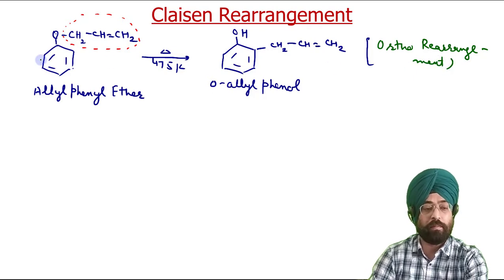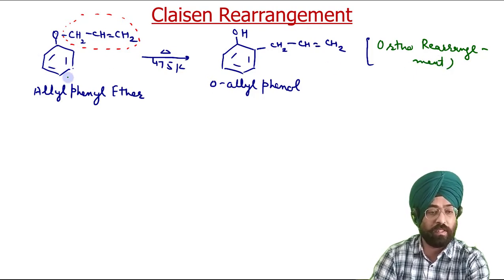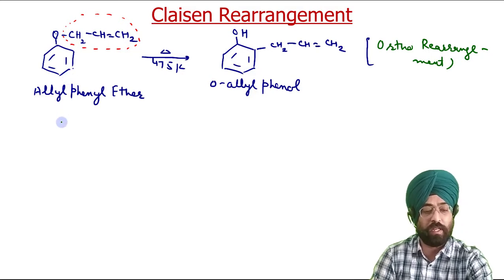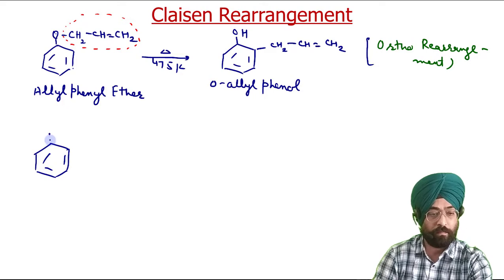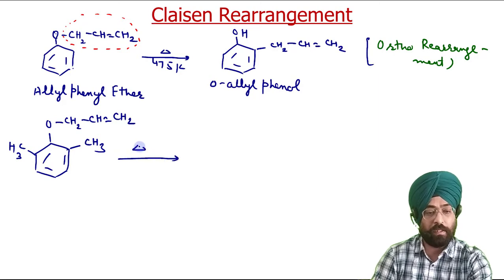Now in some cases these two ortho positions are occupied, then this group migrates to para position. So let us write, suppose we have a case like this. Now if these two ortho positions are preoccupied, what happens?